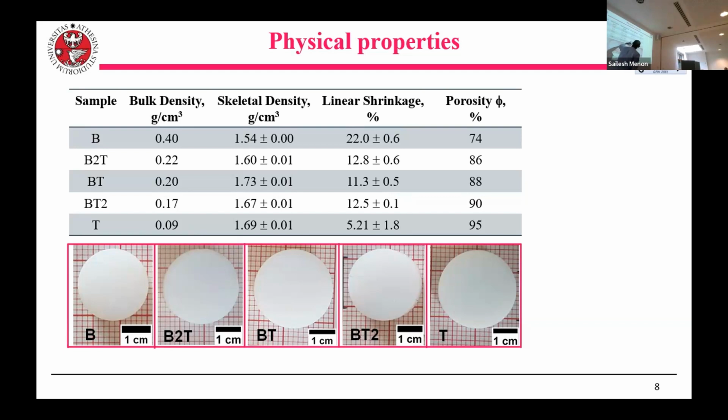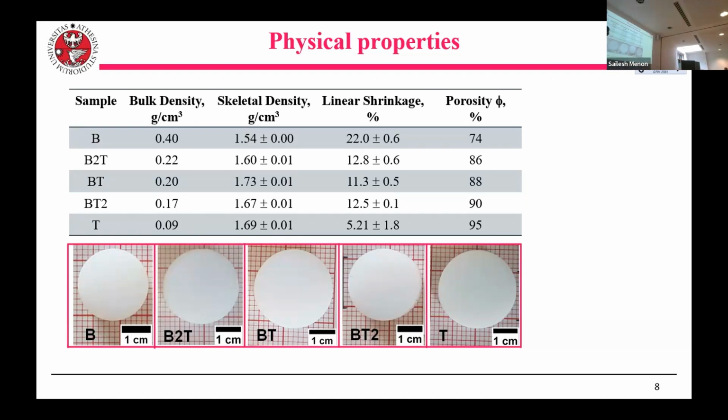But the other hybrid samples normally have 11 to 12% linear shrinkage, and therefore the corresponding bulk density around this one.